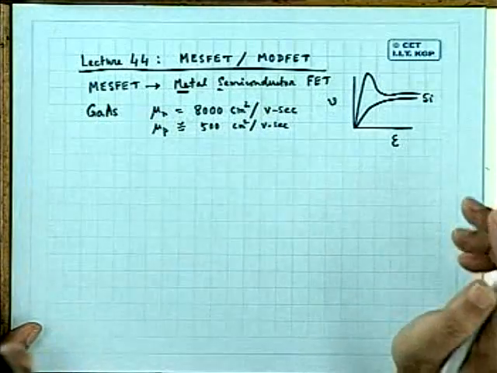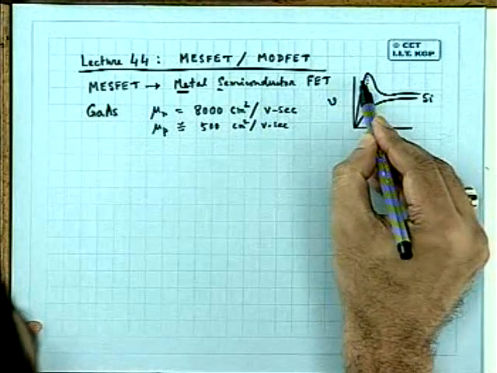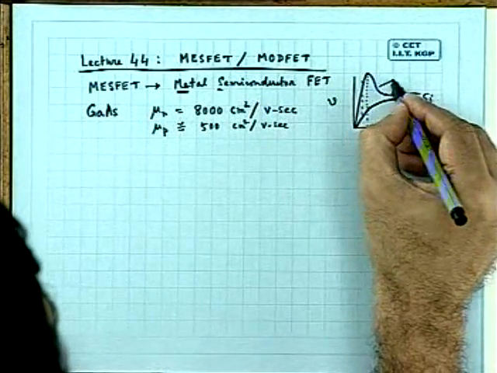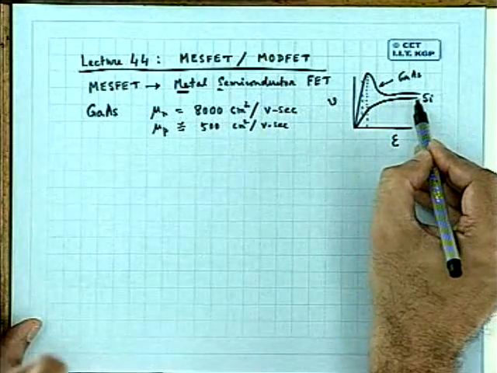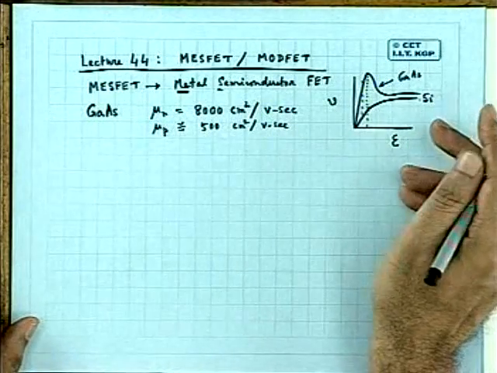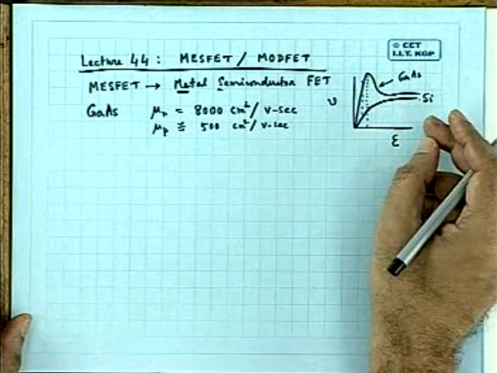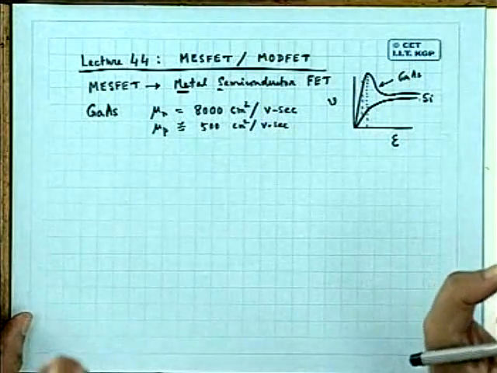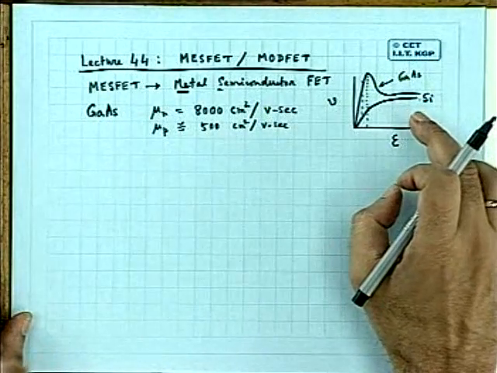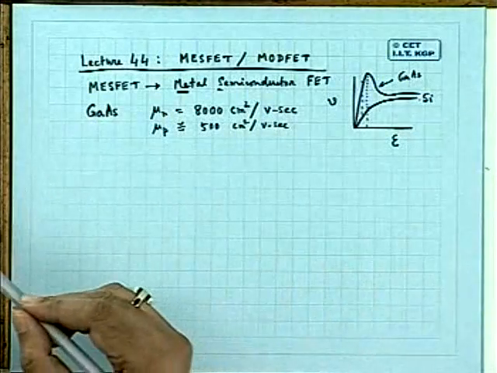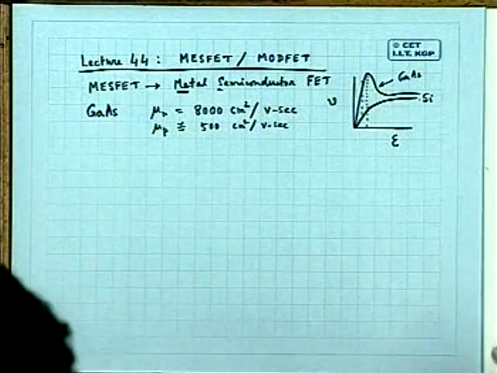The initial benefit of very high velocity for a given field in gallium arsenide is offset to a great extent at very high field, when the velocities almost come very close to each other. There is no special benefit for gallium arsenide for submicron devices where the electric field is very, very high. That is why, with miniaturization, nobody could compete with silicon. It's still continuing. Silicon is the basic material with miniaturization.